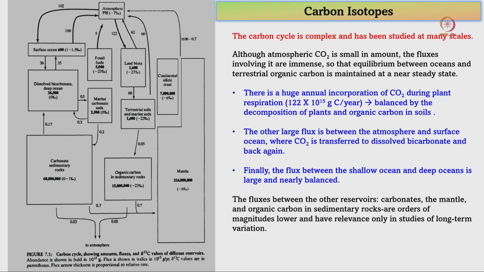Okay. So, there are different reservoirs, and the numbers shown in the brackets show you how varying the isotopes are. And if you see the fluxes and if you see the reservoir numbers, you will see that mantle is one of the largest reservoirs in terms of carbon.